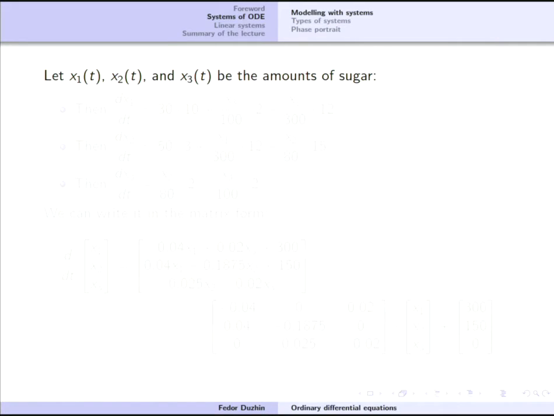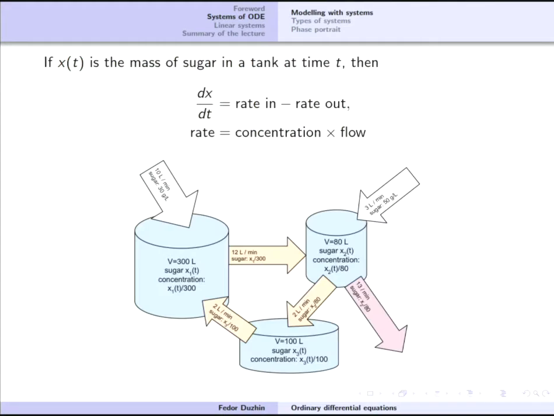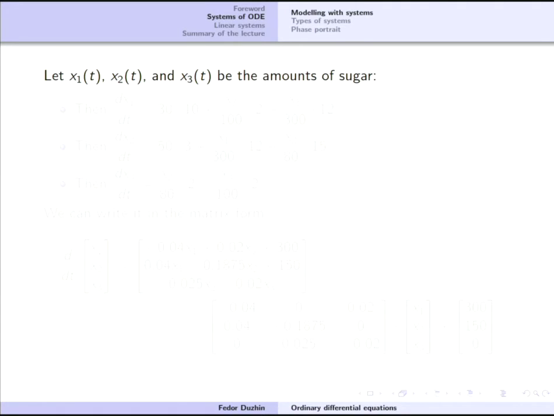All right. So now, if we have three unknowns, which is the amount of sugar in each tank, then let's look at the first tank, right? So there is a pipe from the outside. So we have the rate of change of sugar gives us the positive summand, 30 times 10, because 30 was the concentration in the pipe that goes from outside, and 10 liters per minute is the intensity of the flow.